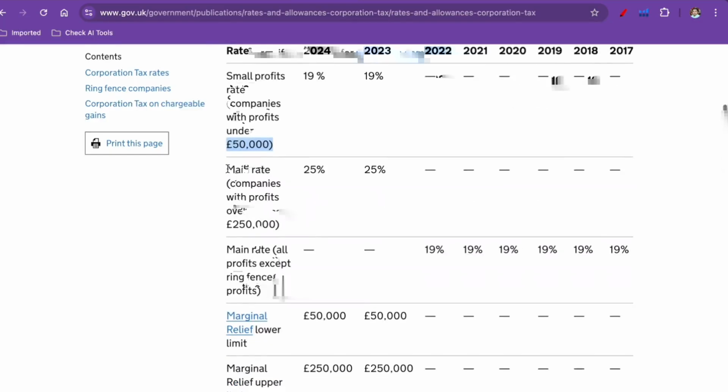But if your profit is over 250,000 pounds, then you're going to pay 25% corporation tax. When the corporation tax is paid, whatever money is left over in the limited company, you have to pay yourself a salary, or you can take out dividends from your limited company as well.